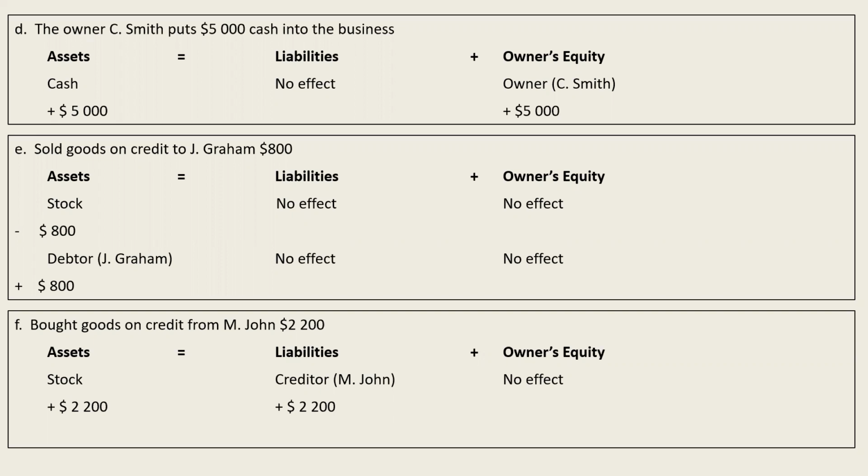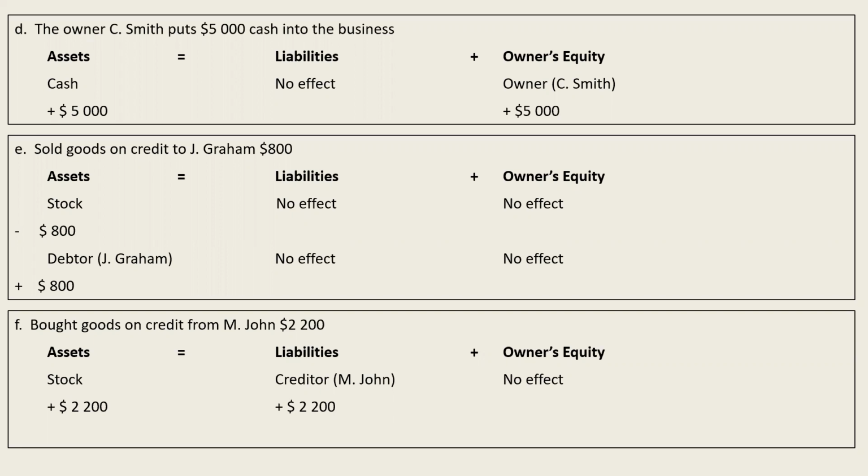Sold goods on credit to J. Graham, $800. So the business sold goods to J. Graham, $800 on credit. Then the business stock is going to reduce because the stock is leaving the business. So you have a minus 800 because goods are leaving the business, all right? It is being sent to J. Graham.